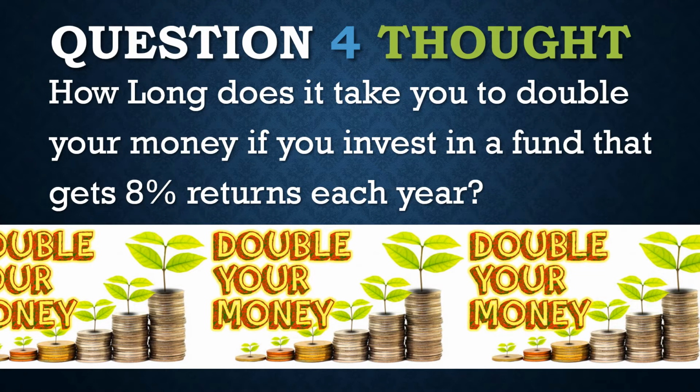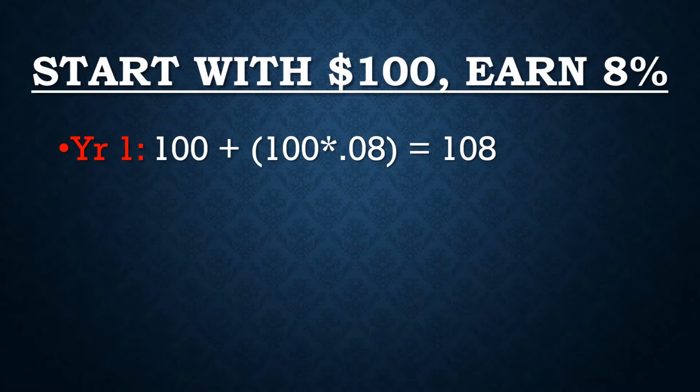So a little question for thought here to start us off. How long does it take you to double your money if you invest in a fund that gets 8% returns each year? We can go through and do the math. At year one, we put in $100, and to that $100 we also get interest. We get 8% interest. 8% of what?